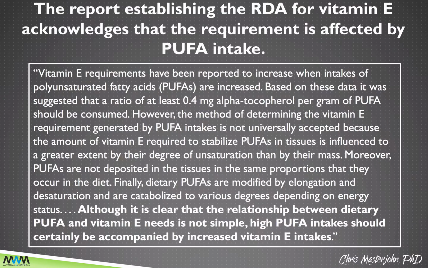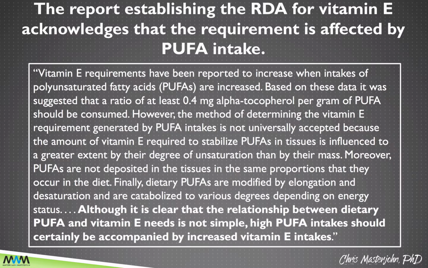This is a direct quote from the report that underlies the current RDA for vitamin E. Vitamin E requirements have been reported to increase when intakes of polyunsaturated fatty acids, or PUFAs, are increased. Based on these data, it was suggested that a ratio of at least 0.4 milligrams alpha-tocopherol per gram PUFA should be consumed.